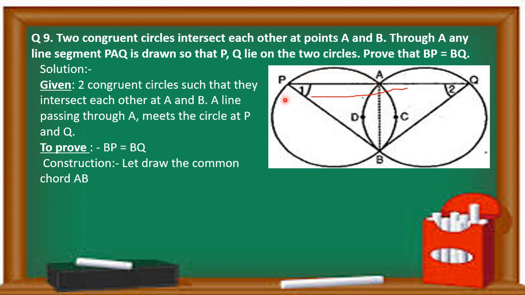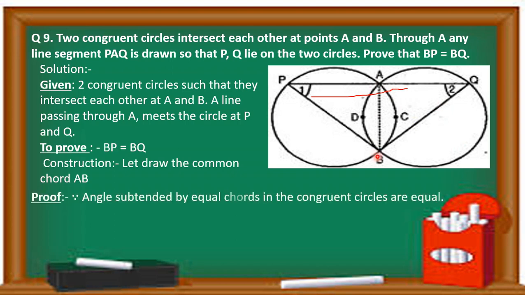So join the common chord AB. Now as we know, AB is the common chord in the congruent circles, and the angles subtended by equal chords in congruent circles are also equal. This was the theorem which we proved in earlier classes.